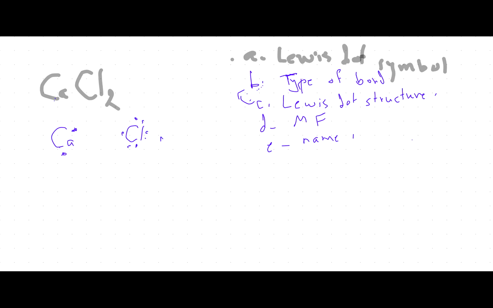Any element in group 1, group 2, and group 3 is a metal. Please memorize it: groups 1, 2 and 3 are metals.